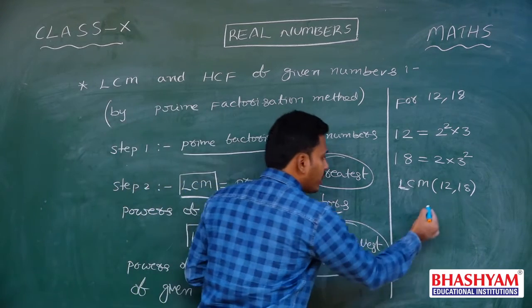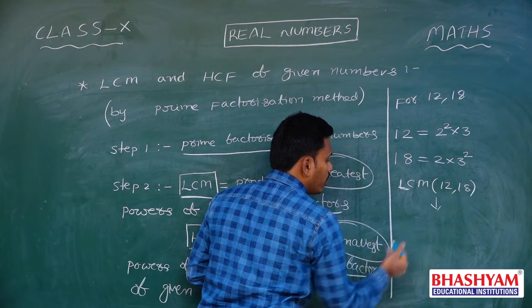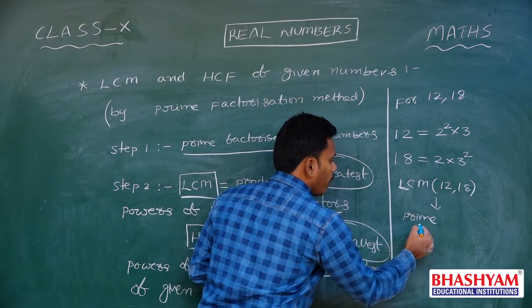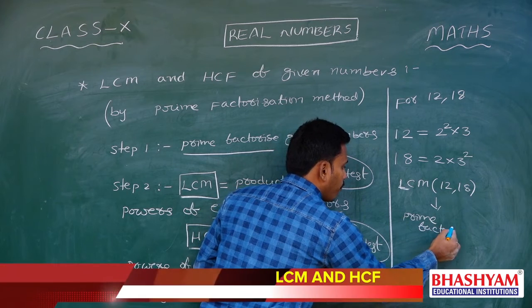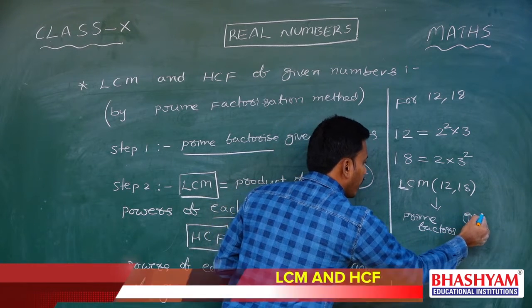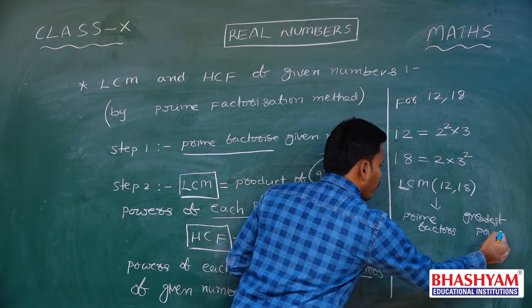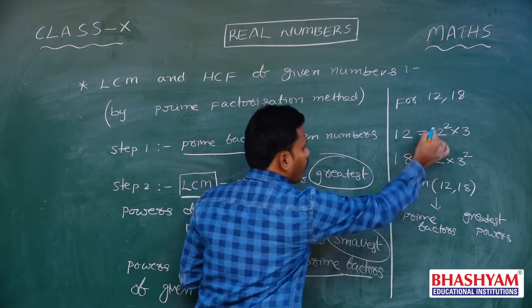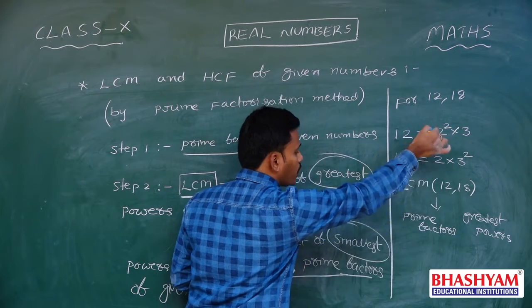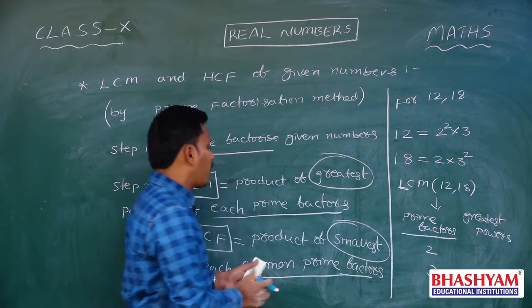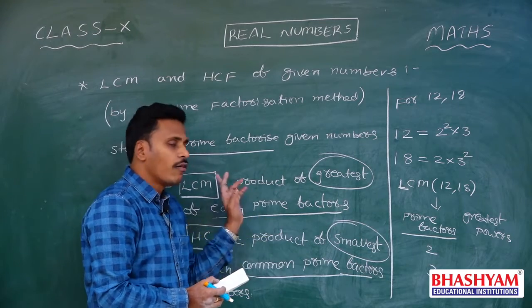To find the LCM, you need to observe the prime factors and then note the greatest powers. The prime factors involved in this situation are 2 comma 3. You need to identify each prime factor for LCM.